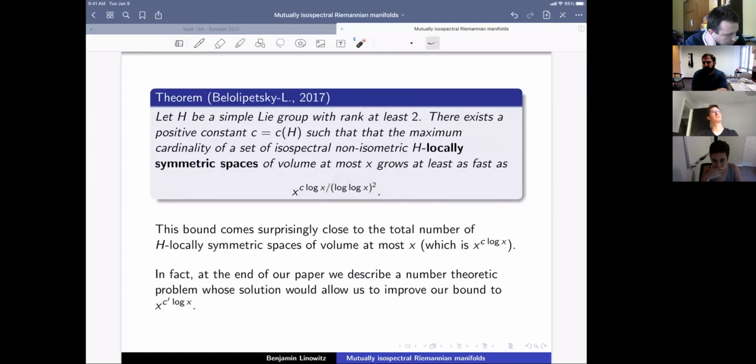It's impossible in an actual class field tower to have a prime that's inert in all of the extensions. But we need some variant on the class field tower construction with primes that gain a lot of inertia in the different fields. If we had such fields, that would feed into our construction of these lattices, and it would give us enough lattices to get rid of that log log X factor.